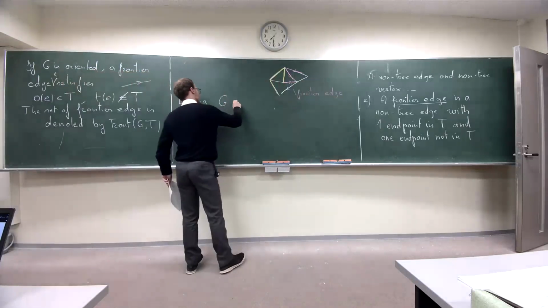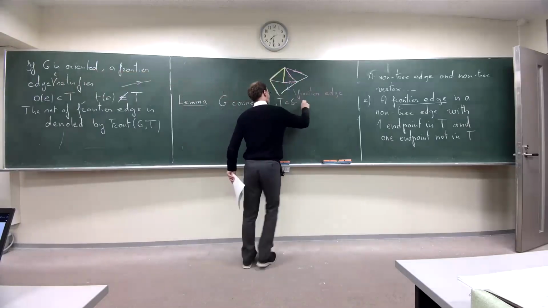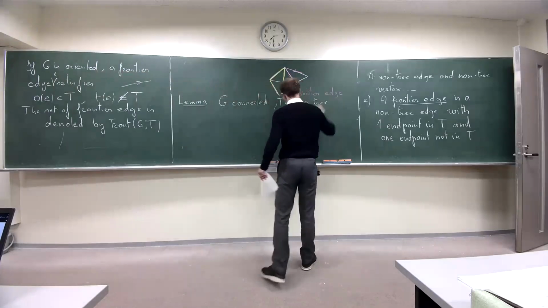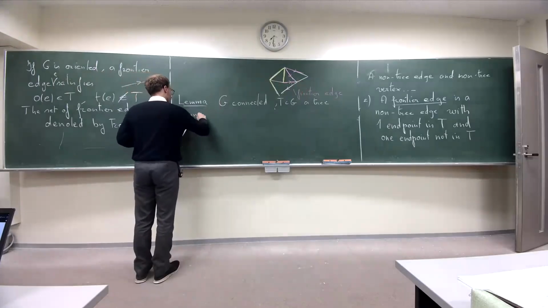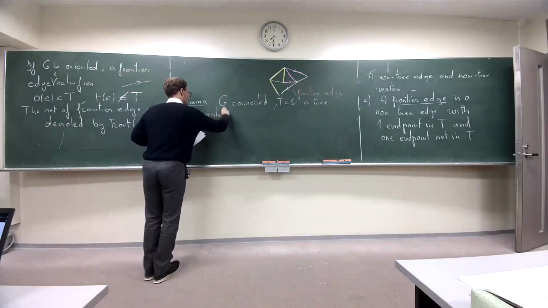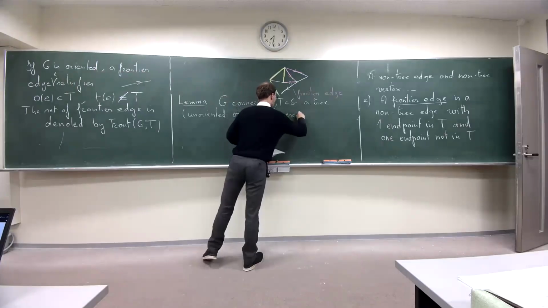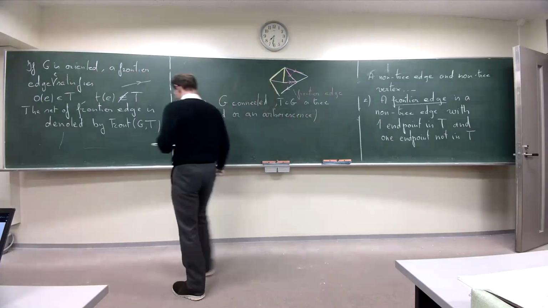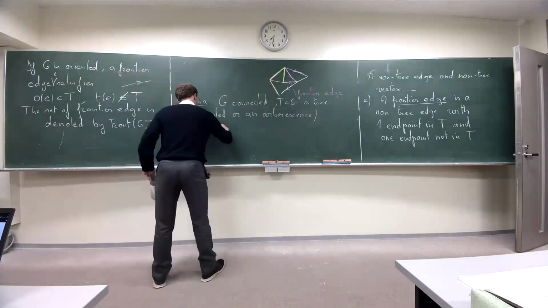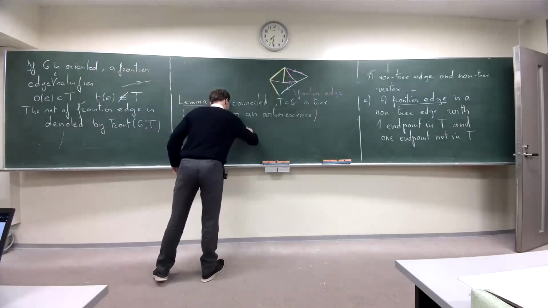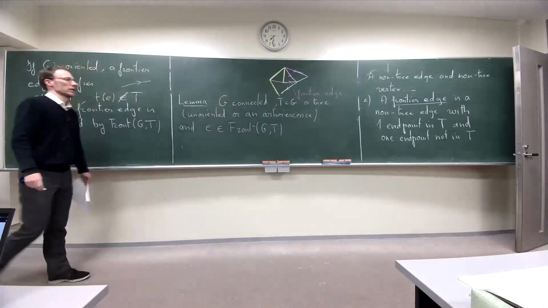G connected, T inside G a tree, either unoriented or an arborescence, and e belonging to the set Front(G,T).